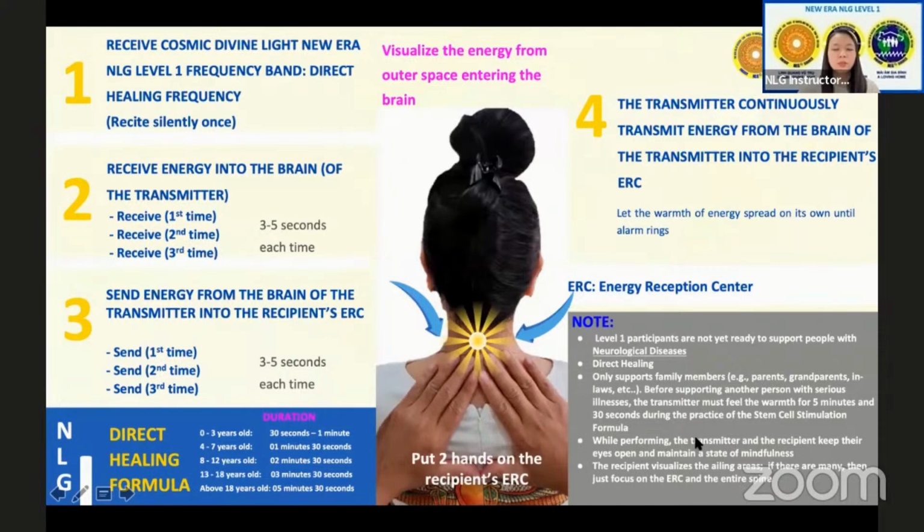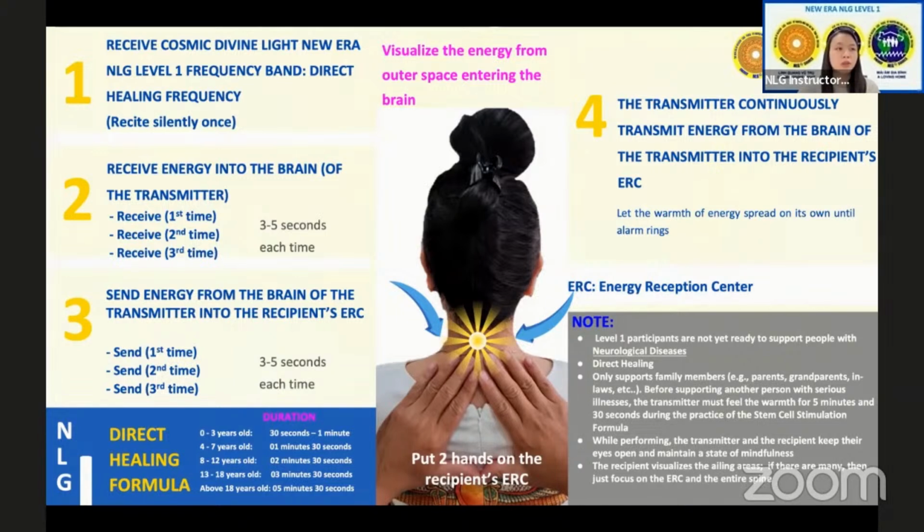Before supporting another person with serious illnesses, the transmitter, that's you, must feel warmth for 5 minutes and 30 seconds during the practice of stem cell stimulation formula. Now, it's not that you want to give healing support for someone in your family, and then you sit down and try to practice stem cell stimulation.